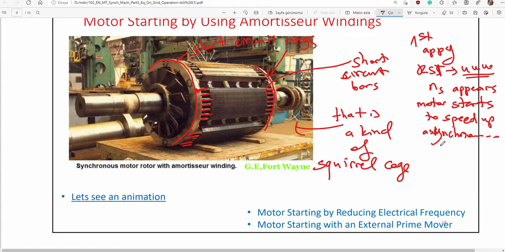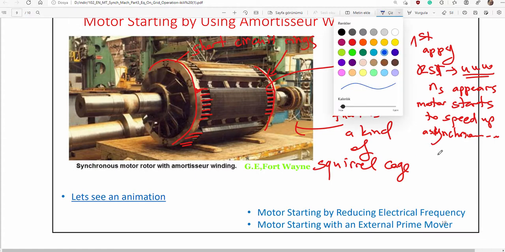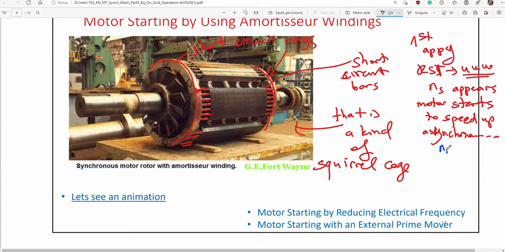Okay, remember induction machines theory. Rotor speed in an induction motor is approximately close to synchronous speed, the rotating magnetic field speed in the stator.